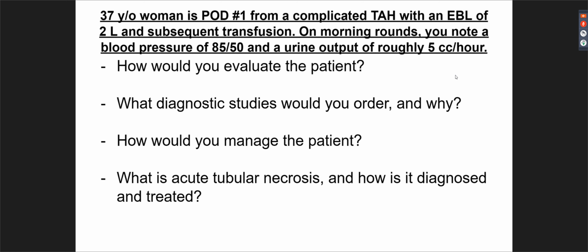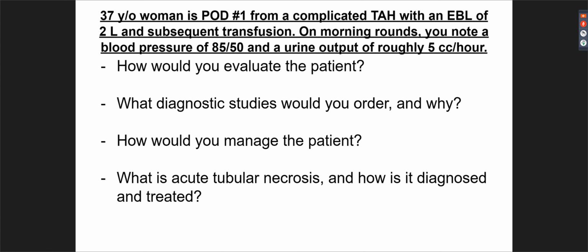So what is acute tubular necrosis and how is it diagnosed and treated? Acute tubular necrosis is usually due to decreased perfusion to the kidney, which could be due to acute blood loss.